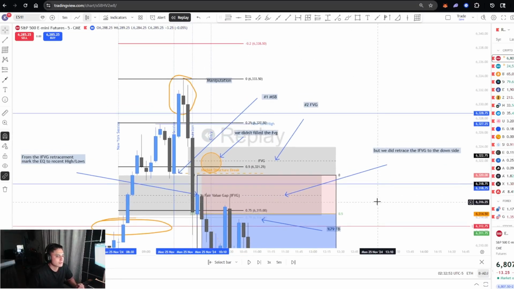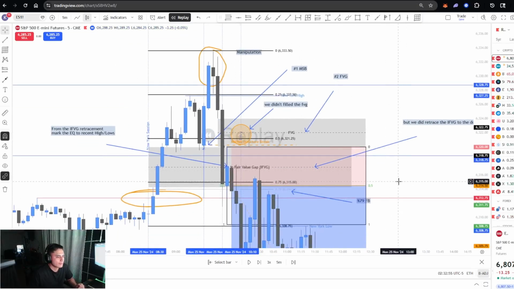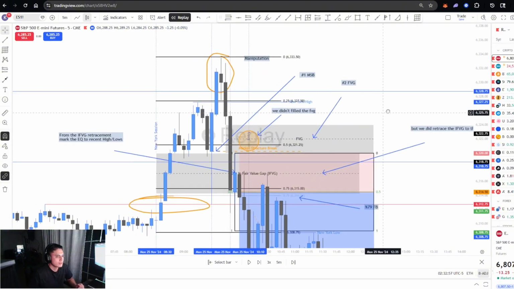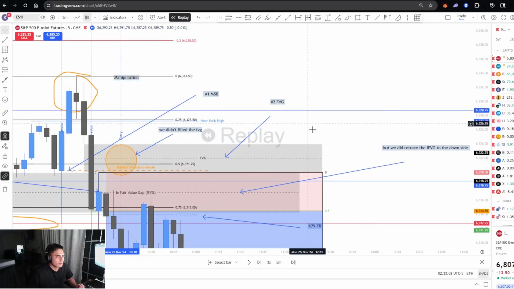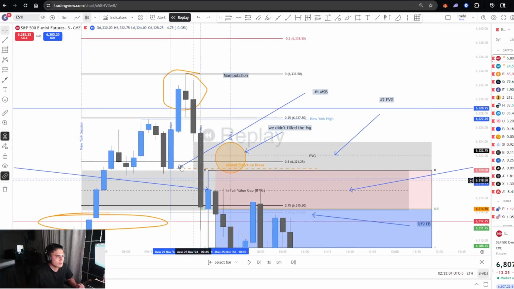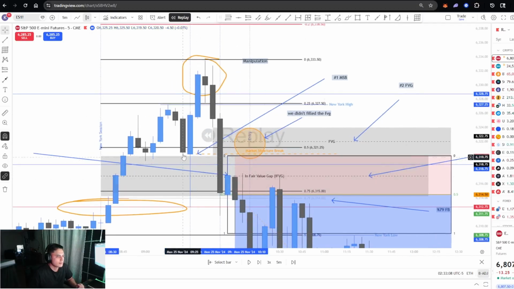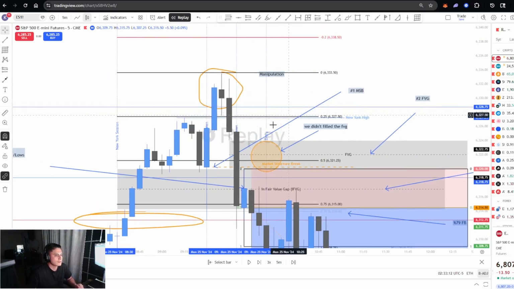I don't know why, that's just the understanding that I get, but I know an inverse fair value gap is a little bit different to explain. From 9:30 to 9:50, that's the manipulation area, and that's basically what I'm saying: this chart is most likely the most perfect chart that you can ever see, because from 9:30 to 9:50 there is a liquidity sweep.